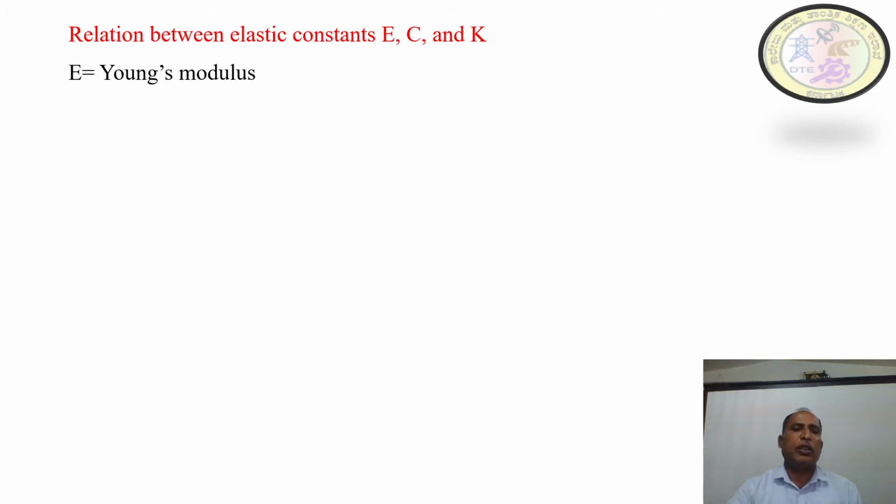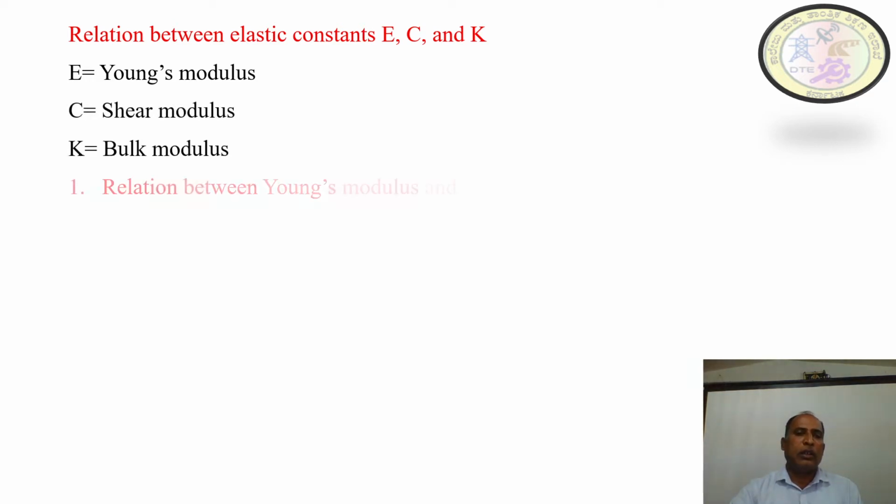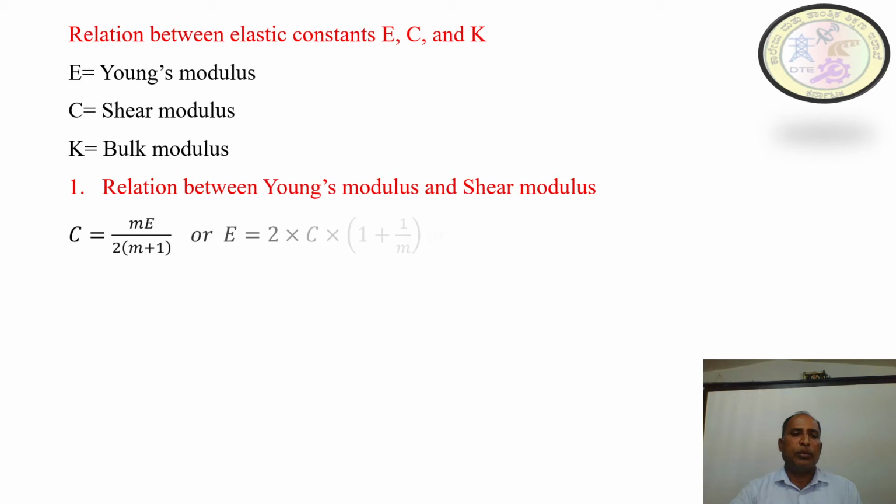Here E is Young's modulus, C is the shear modulus, K is the bulk modulus. The first equation, which gives the relation between Young's modulus and the shear modulus, is C equal to M into E by 2 into M plus 1, or E equal to 2 into C into 1 plus 1 by M, or you can write E equal to 2C into 1 plus mu, because 1 by M can be replaced by mu.